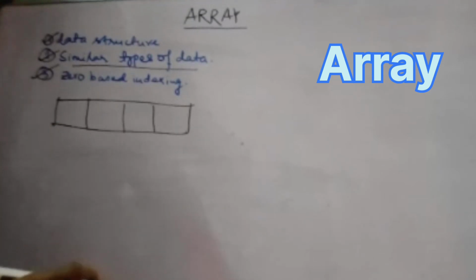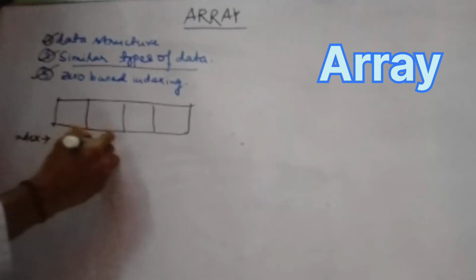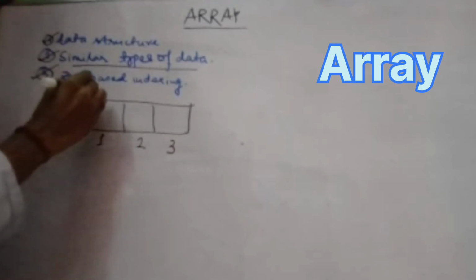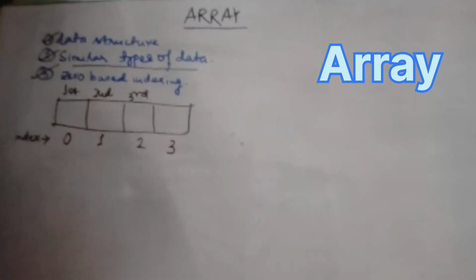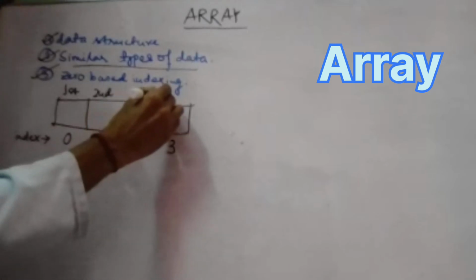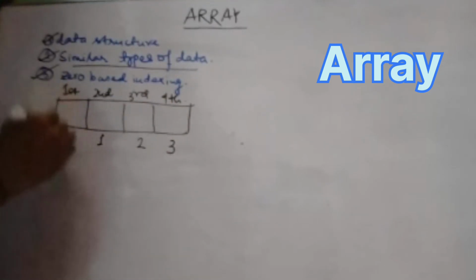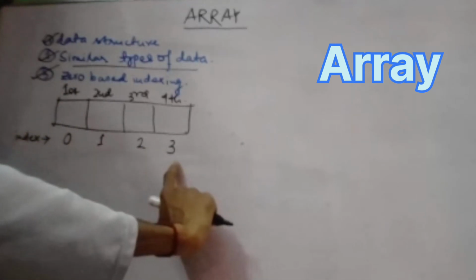Zero-based indexing means here is the index: zero, then one, two, three. There is the first box, the second, the third, and the fourth. So the indexing of the first box is 0, then 1, 2, 3, from 0 to 3.